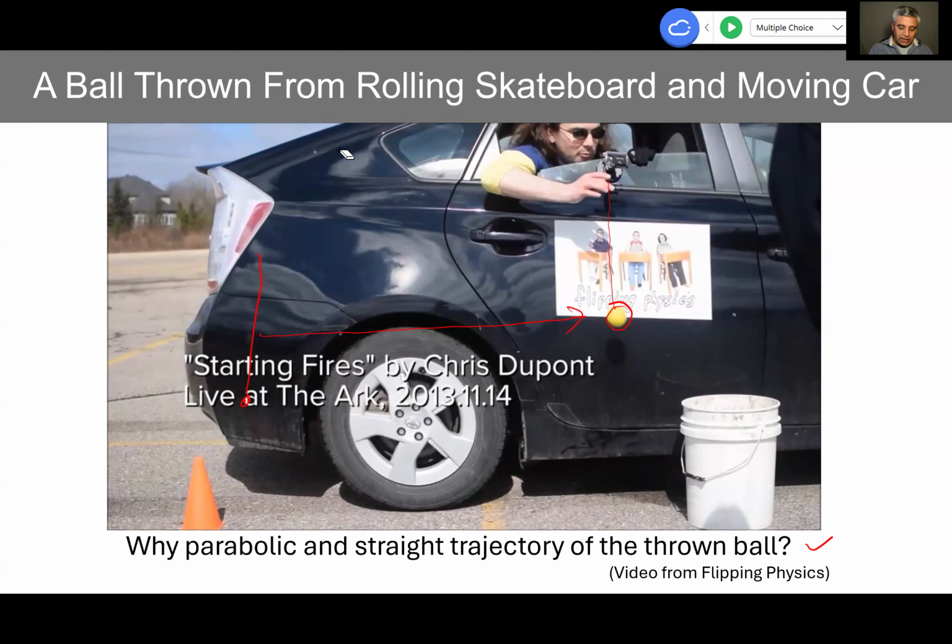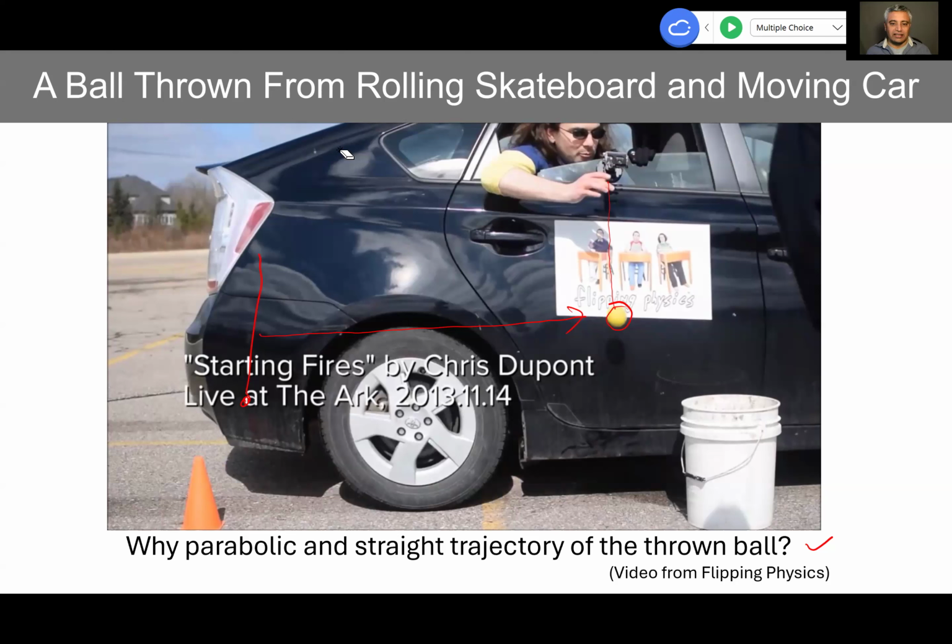Just like in the case of the ball that was thrown from the skateboard, here it is dropped from a moving car. Remember, the car is moving, the skateboard is moving, and the ball is on the car. When we are driving a car and the car is moving 60 miles per hour, what speed are we moving?